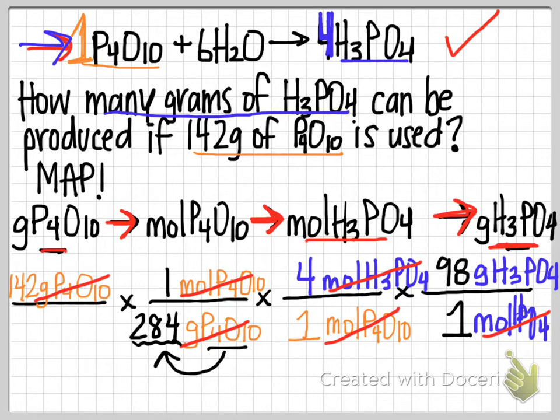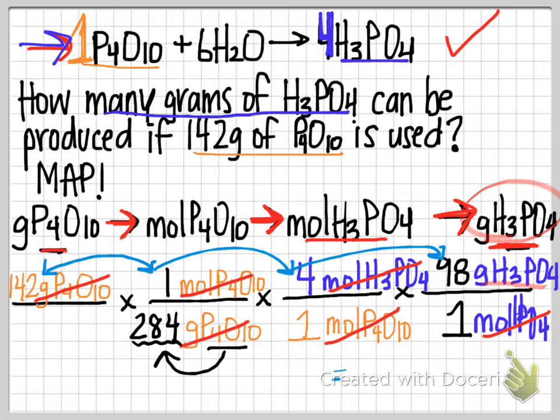Now we're ready to do the math part because everything is filled in. The only thing we haven't crossed out yet is the grams H3PO4, and that's what we want in the very end. Perfect. Let's do the math. What you're going to do here is multiply everything on top: 142 times 1 times 4 times 98.